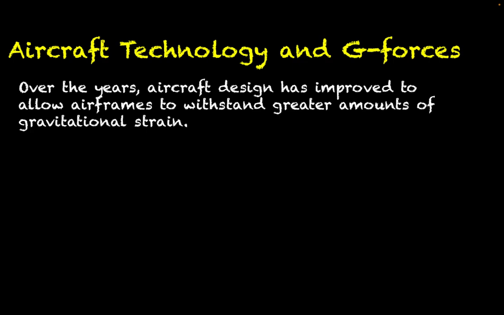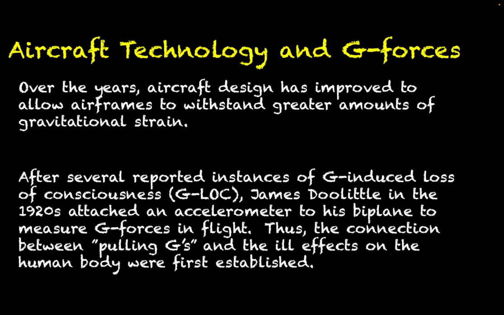Well, obviously, the benefit here is that airplanes are now more sturdy and more reliable compared to how they used to be, and they can sustain more gravitational strain compared to how they used to. But the downside is that the human operator now has to be subject to that same gravitational strain. So, after several reported incidences of what we'll call G-induced loss of consciousness, or G-LOC, James Doolittle back in the 1920s, and this was obviously very early on in this field, attached an accelerometer to his biplane to measure G-forces in flight.